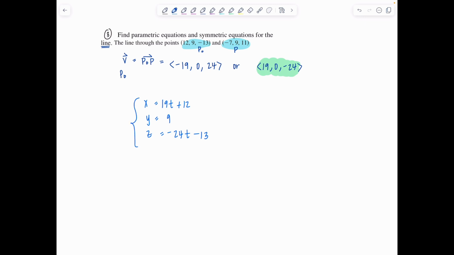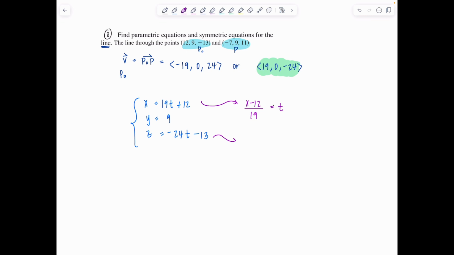Now, to find the symmetric equations, this is where we solve for t, and then we don't actually write the parameter out in any of the equations. We just set the parameters values equal to each other. So what the heck am I talking about? Well, if you look at this first equation, if I solve for t, I'd have x minus 12 over 19 equals t, yes?